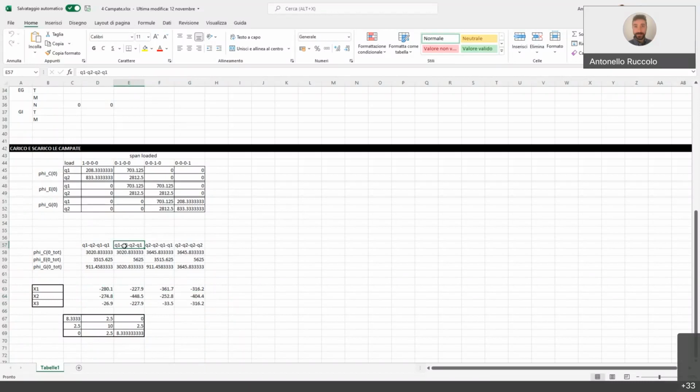So if we want to maximize the negative bending moment in correspondence of one support, we have to load at maximum the two adjacent spans, whereas all the other spans have to be not loaded.